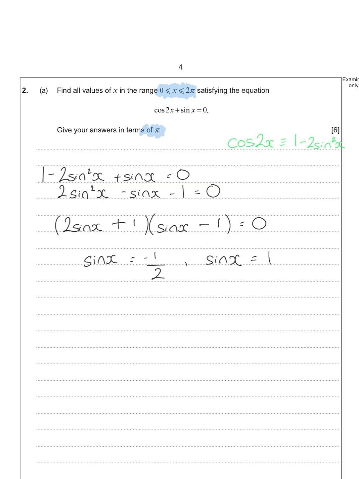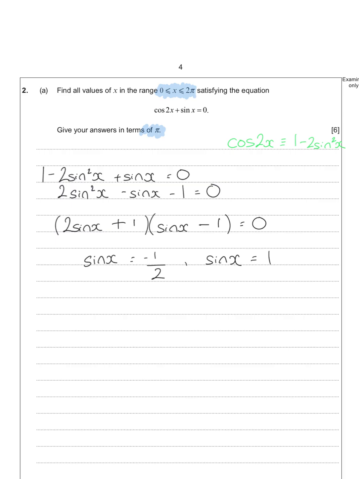I'm going to get 7 pi by 6. Okay, so this is equivalent to 210 in the degrees world. And then I'm also going to get 11 pi by 6.